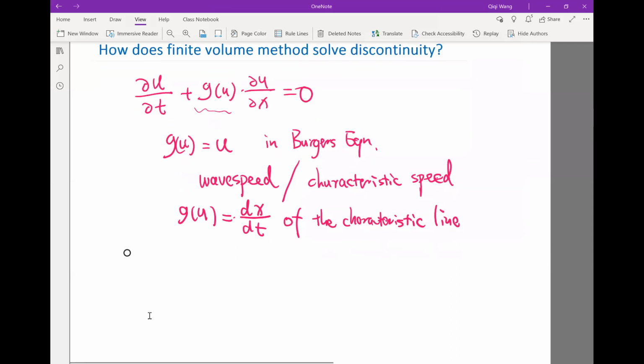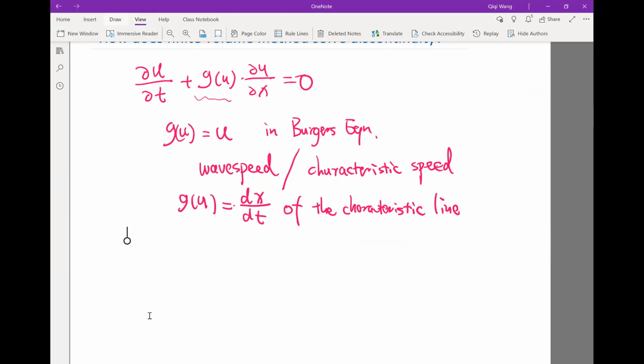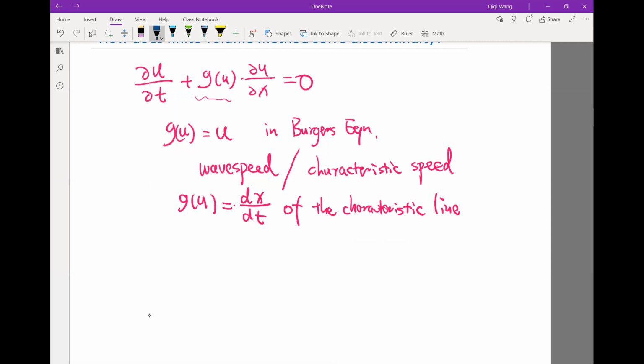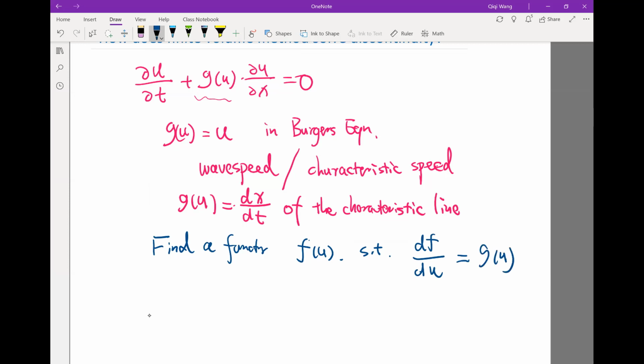But the starting point of the derivation to an integral form is you have to find a function f(u) such that df/du, if you take the derivative of f, is actually equal to g(u). Usually you find the function by integrating the wave speed g, right?